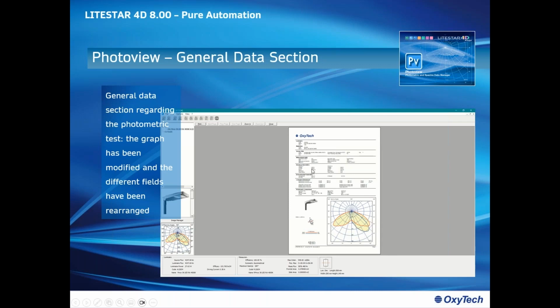For example, we included here the two different channels for the electrical parameters that before were not available. Before we only had the power, but we didn't have, for example, any visualization of the driving currents and so on the secondary. So now all the information is perfectly organized and displayed.